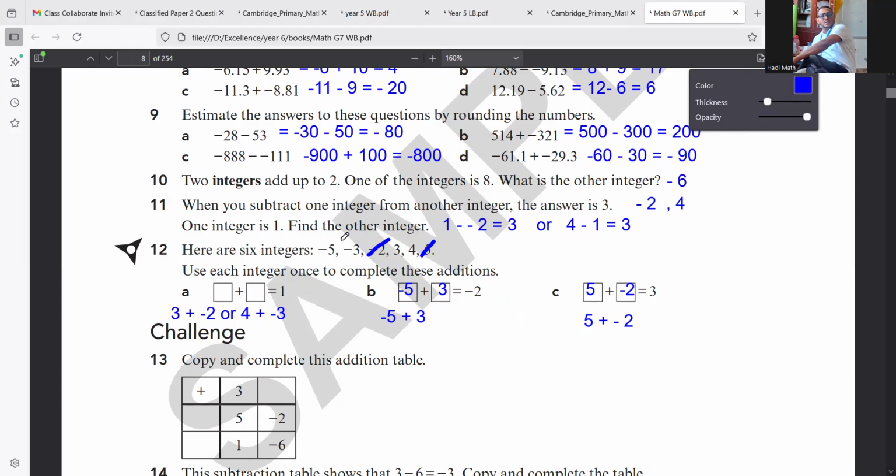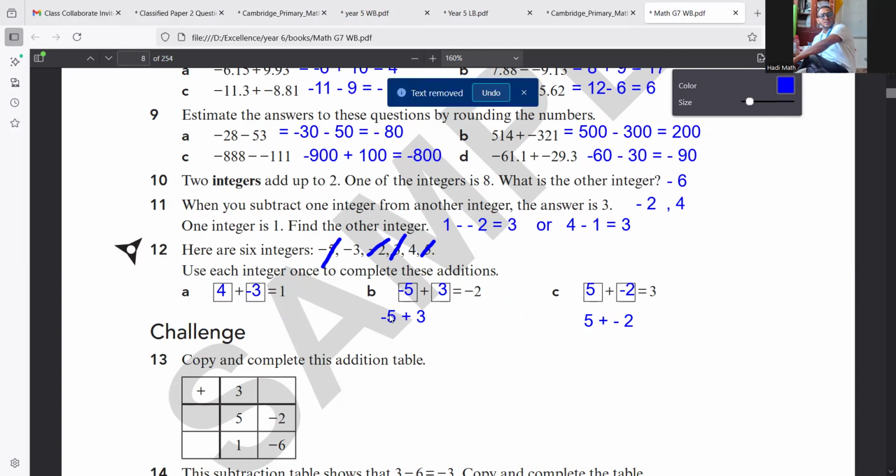This is -5, cancel it, and this +3, cancel it. So here we'll be left only with 4 and negative 3. So here is your option, and here is how you work your answers. For each one, find all the options and then you can take them out.